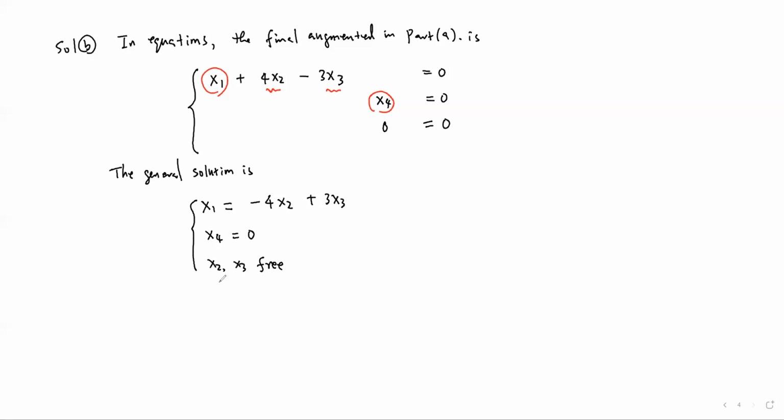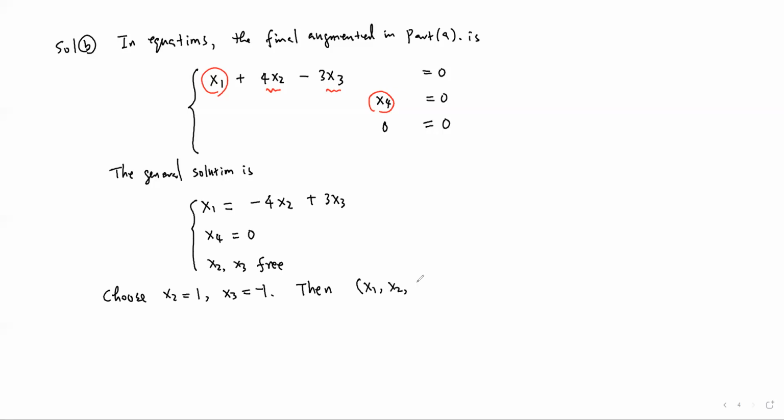Now I want to find one particular solution. Let me choose, for example, x2 be 1, x3 be -1. Then I get one solution.